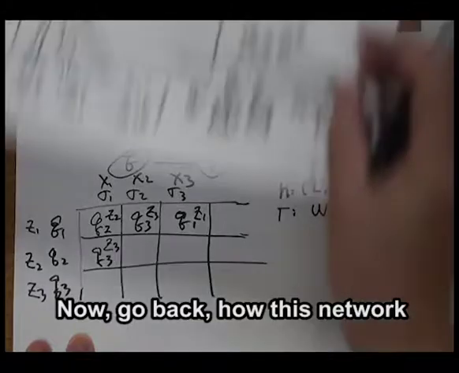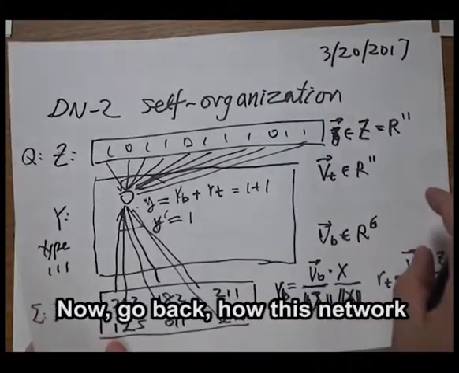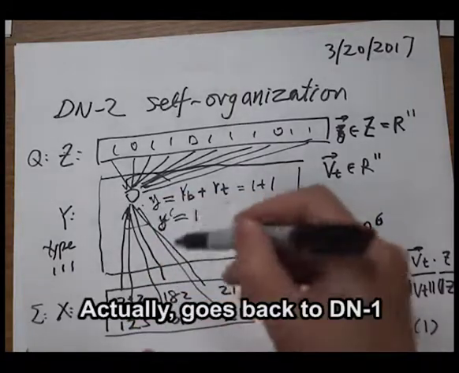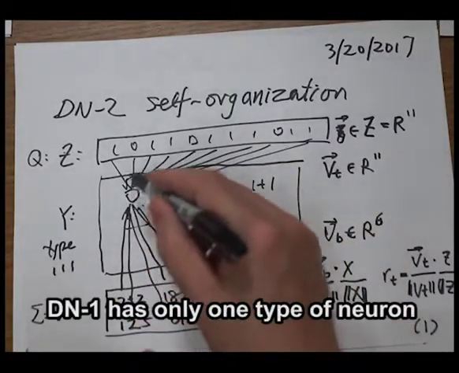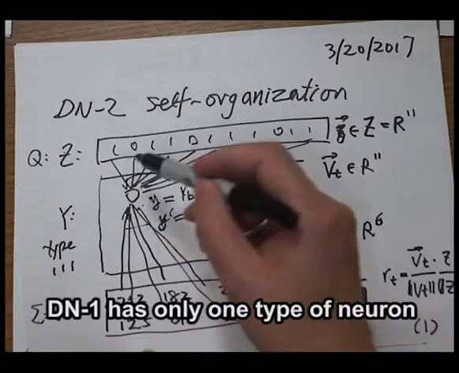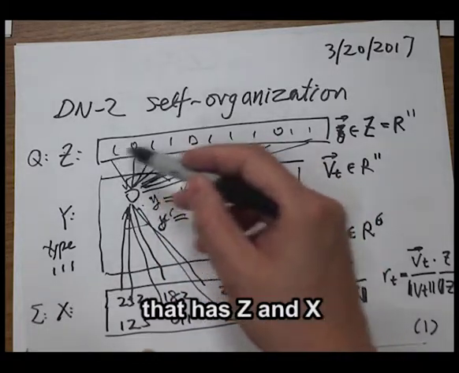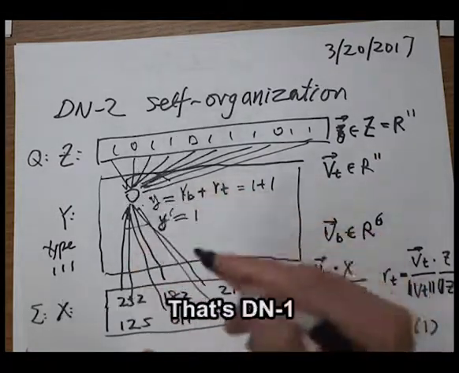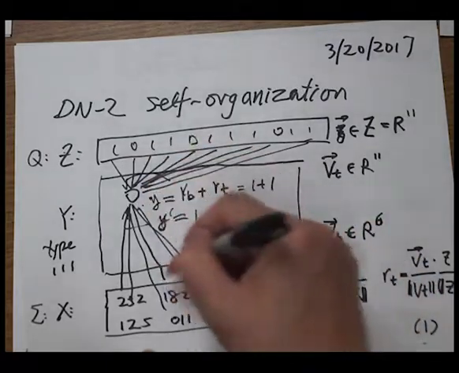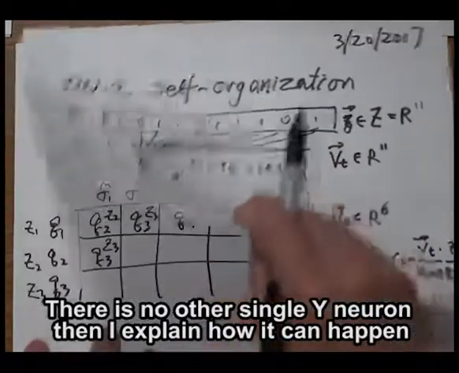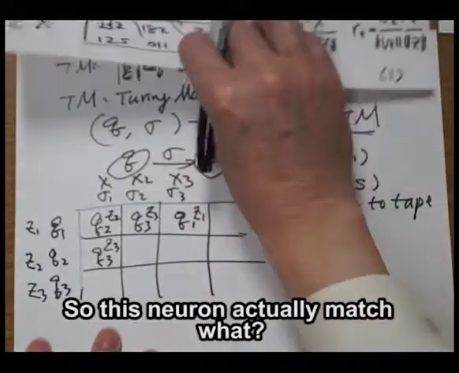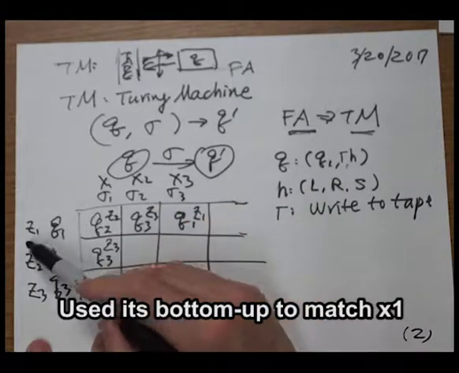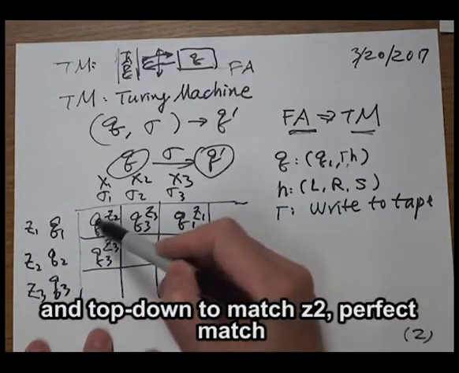Now, go back. How does this network, DN2, work? I want to explain only a particular type, which goes by DN1. DN1 has only one type of neuron that has a Z and X, but without Y to Y connection. There's no single Y neuron. Then I explain how it can happen. This neuron actually matches what? We use its bottom-up to match X1, with top-down to match Z2, and it perfectly matches.